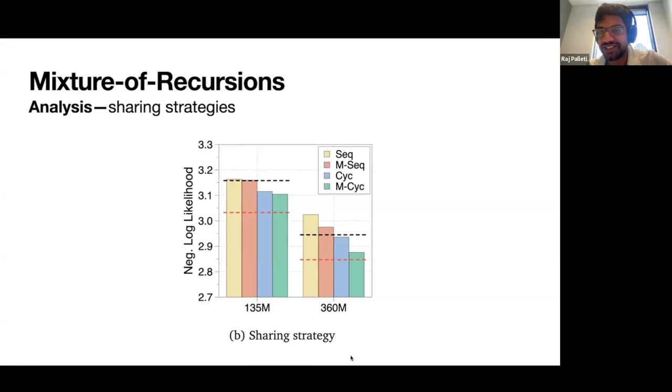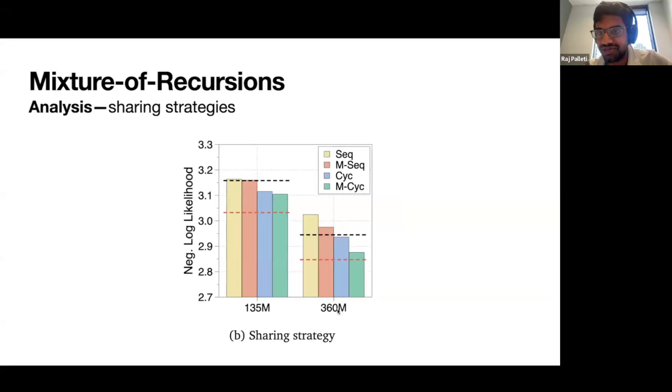So the question is, does the number of recursions applied to each individual token change when you keep generating more tokens? How much does the distribution evolve over time? When we are generating, the router defines if one particular token should go through more recursion steps or not.